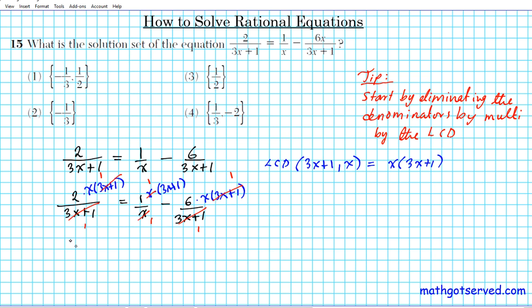All right, and we are left with 2x equals 3x plus 1. Oh snap, we have a minus here. So what does that mean? Because of the presence of this minus, we want to proceed with caution.